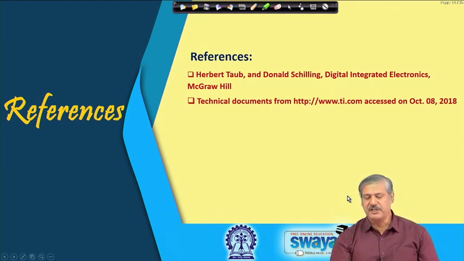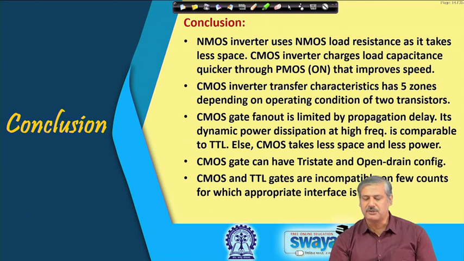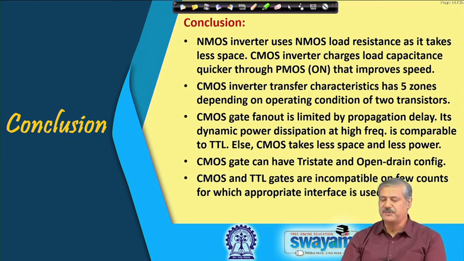References are mostly taken from the first one and some technical documents. To conclude what we have seen: NMOS inverters can be used, but NMOS load resistance is preferred for less space, and CMOS inverters are useful in the sense that the charging and discharging are quicker, and there is no static power consumption.